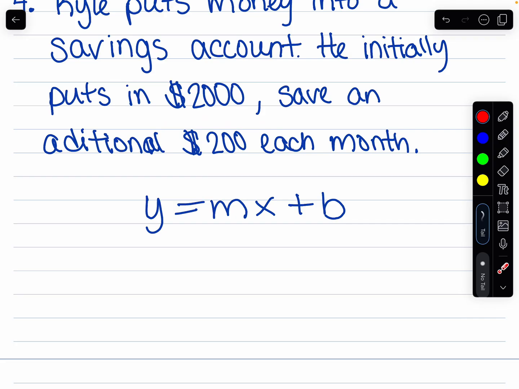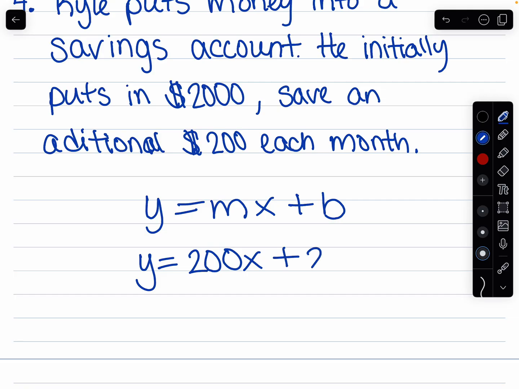Once. How often is the slope happening? Frequently. So that's the decision here. Which one is my y-intercept and which one is the slope? 2,000 is the y-intercept, slope is 200. Good. So my equation would be y equals 200x plus 2,000.